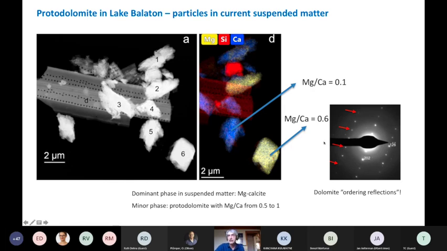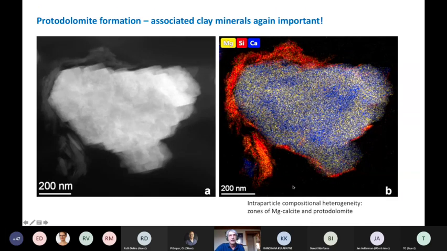And if you take electron diffraction patterns from these particles, then you see some extra reflections marked by these arrows that can only come in dolomite. So that already suggests that calcium and magnesium are ordered to some extent. And some of these particles have very interesting compositions.